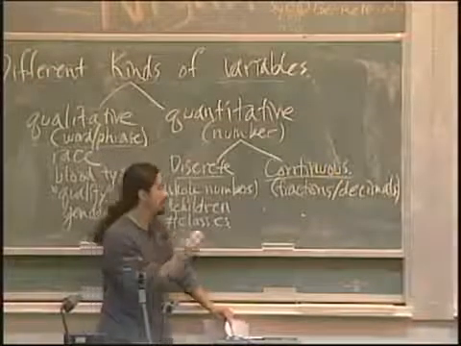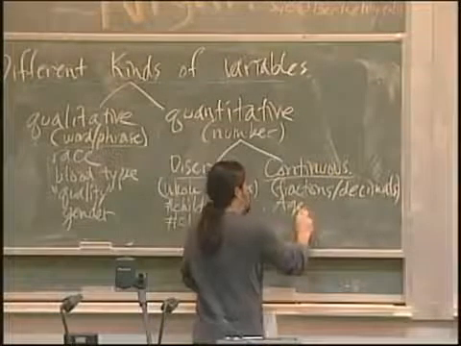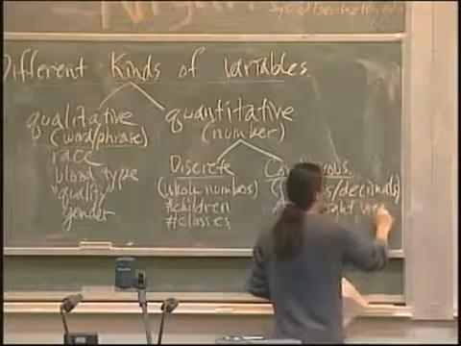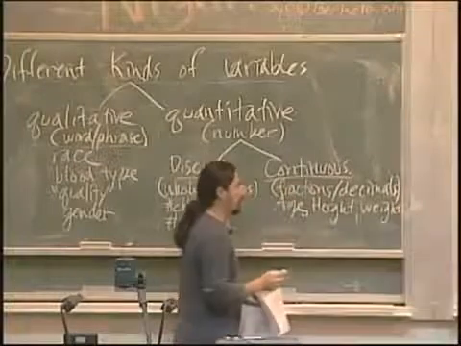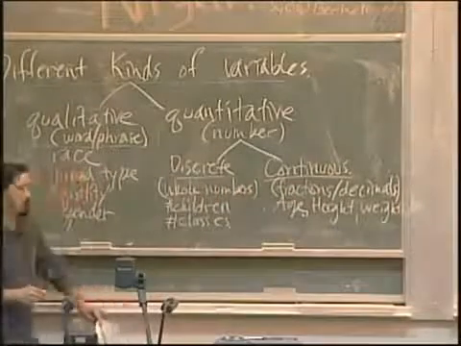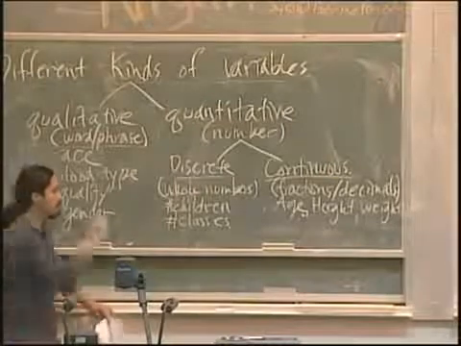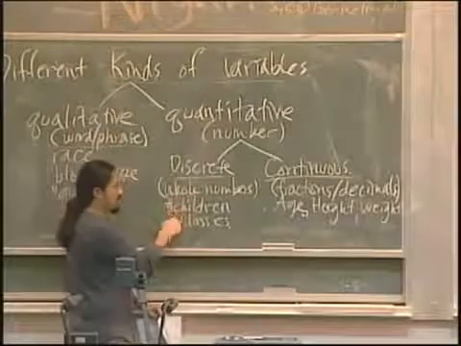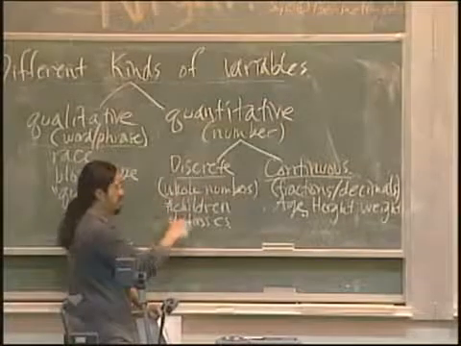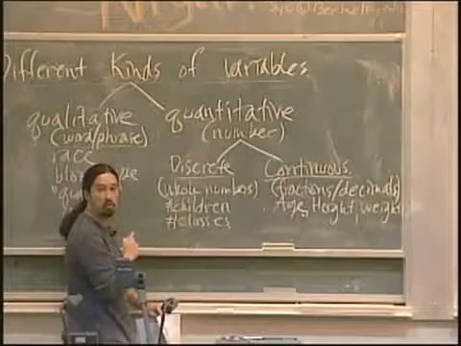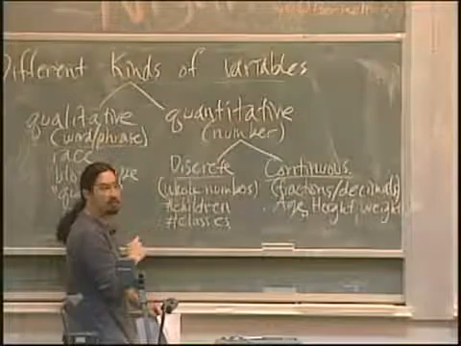So things like age, height, weight, these are things that you would typically say as a whole number, but you could divide them up as finely as you wanted to. So that stuff I'll put over there. This stuff you can't, right? There's some number of classes you're taking. You're not taking halves of classes. You don't have half children, right?